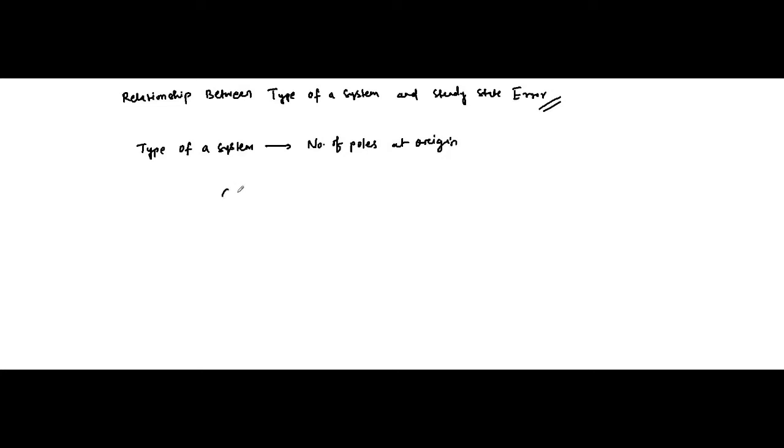So let us say we have a unity feedback system with open loop transfer function, which is given as this, let's say. So here this determines the type of the system, this S, only S here, single S.